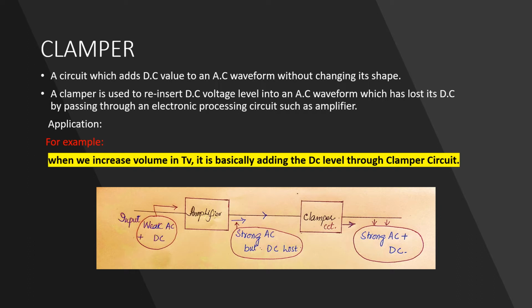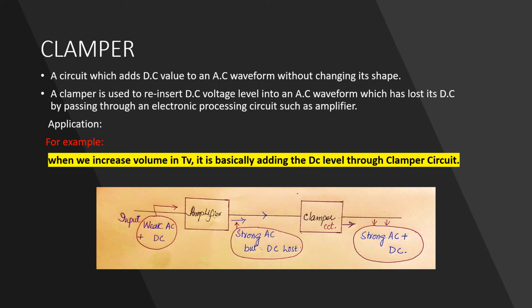So then we use clampers. You can understand it with this figure, that we use these circuits after all those electronic processing circuits where we need DC levels with the AC signals. So right after the amplifier, we place the clamper circuit, and at the input side of the clamper circuit, now there is a strong AC without DC.